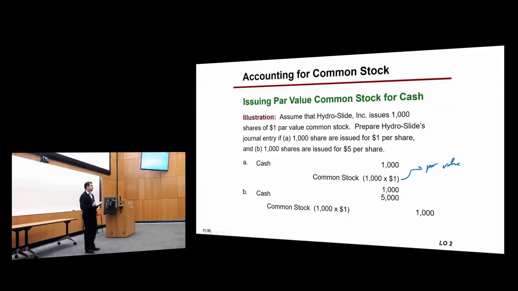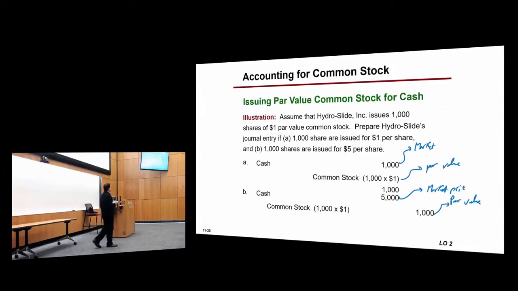Again, this is par value. In A, the market price was simply equal to the par value.